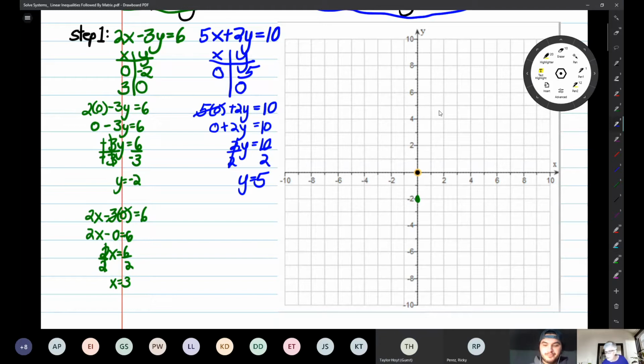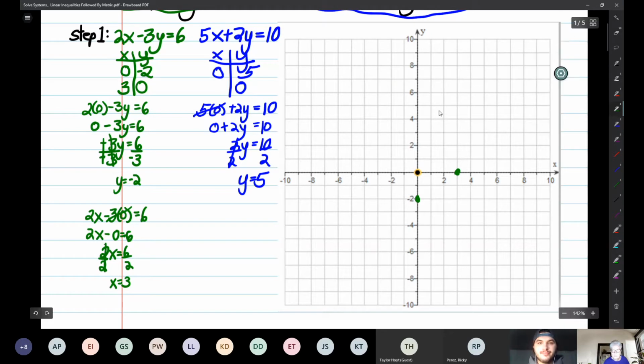Oh, I didn't plot my other green point. Careless. When x is 3, y is 0, that would be right here. Okay, I'll come back to that. Now, I'm going to find out what happens when y is 0.